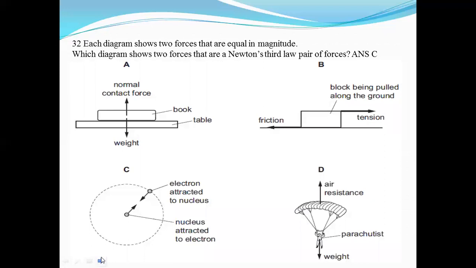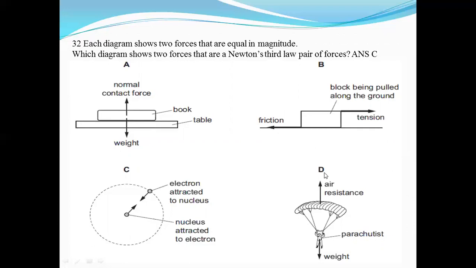Each diagram shows two forces that are equal in magnitude. Which diagram shows forces that are Newton's third law pair of forces? Correct option is C. They are equal in magnitude, opposite in direction, and they are acting on different bodies, not on the same body. Over here, they are acting on the same body.